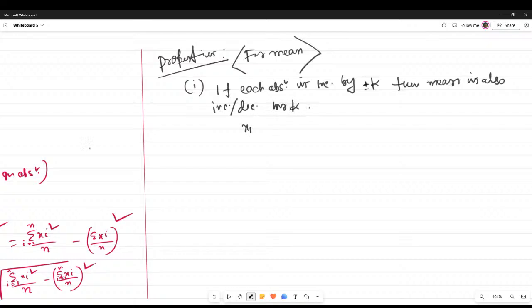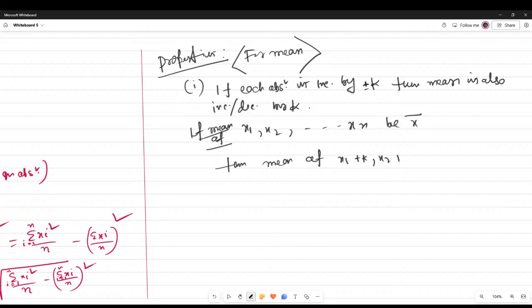So if the observations are x1, x2, ..., xn, and the mean of these is x bar, then the mean of x1 plus k, x2 plus k, and so on, is x bar plus k. If the minus sign is there, it will be minus.